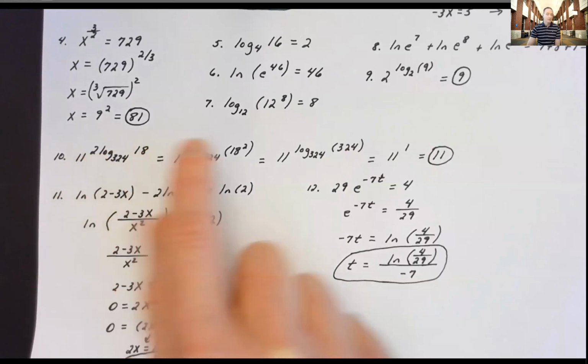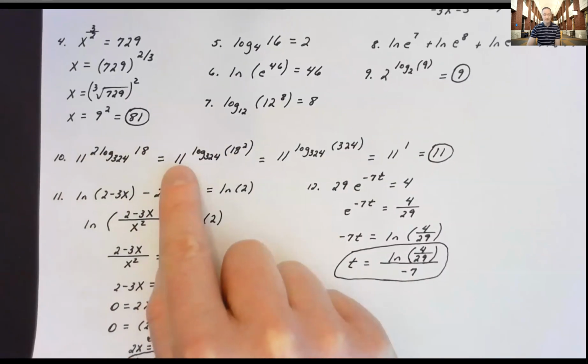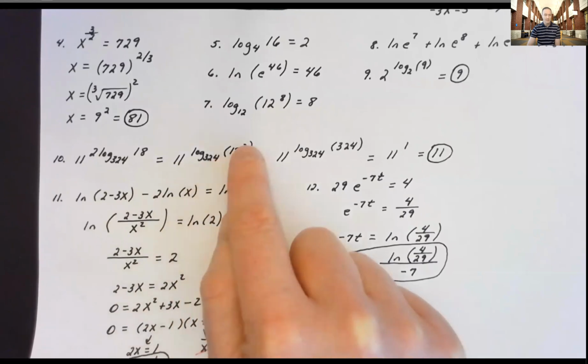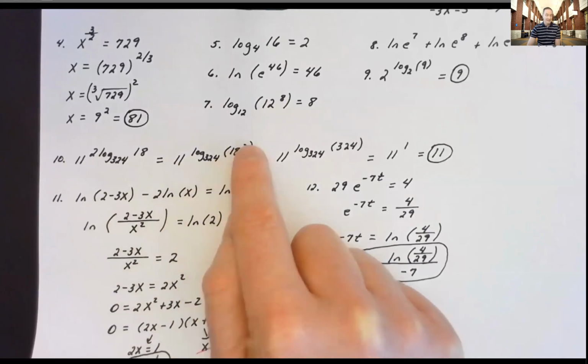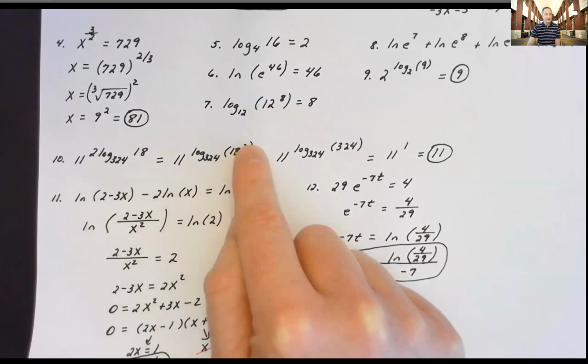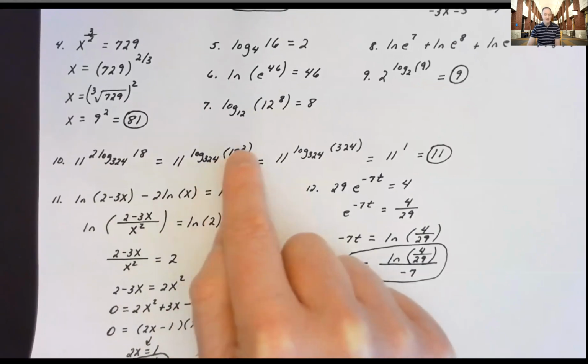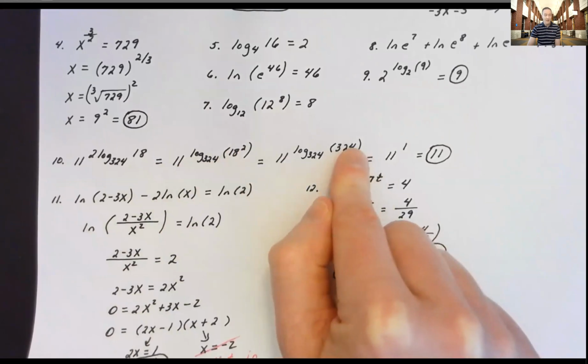Well, then when you do that, you can say, well, all right, this is the 11 raised to the log base 324 of 18 to the second power. 18 to the second power conveniently is 324. So you say, well, 18 to the second is 324. How does that help?